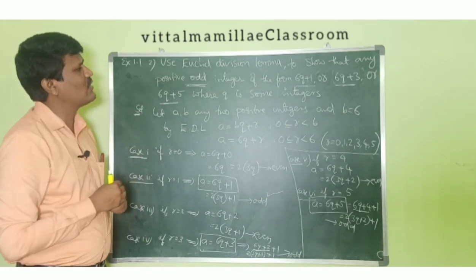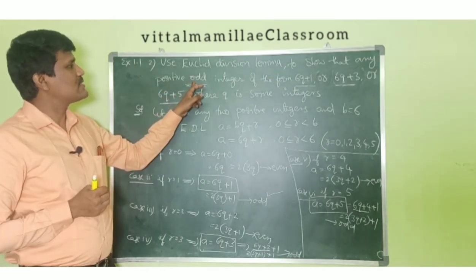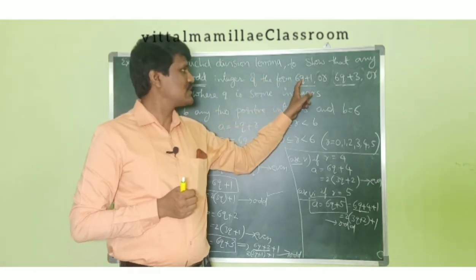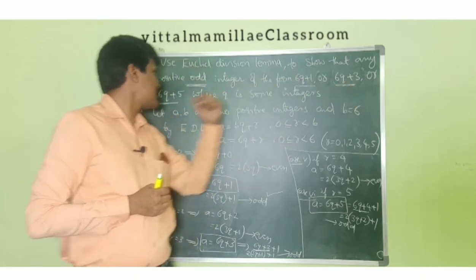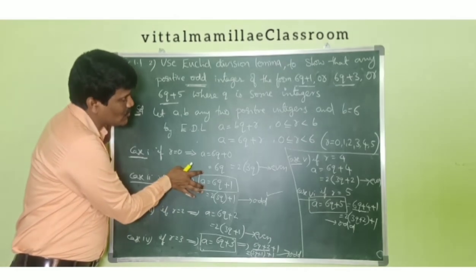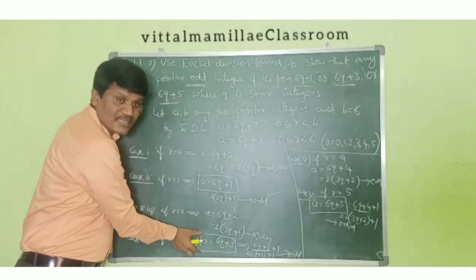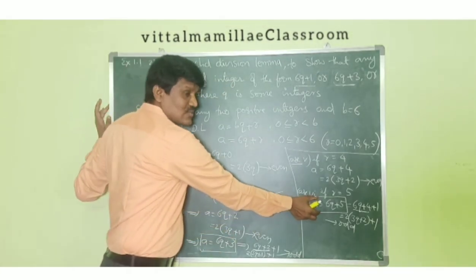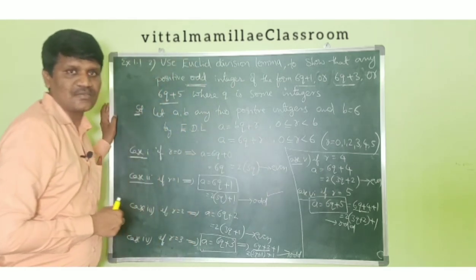Now look at the question we have: every positive odd integer is of the form 6q plus 1, 6q plus 3, 6q plus 5. You can observe 6q plus 1 is the first one, 6q plus 3 the second one, and 6q plus 5 the third one. So I can write it.